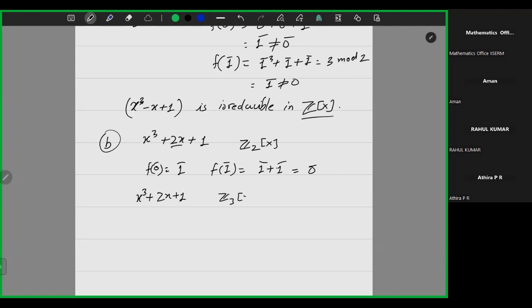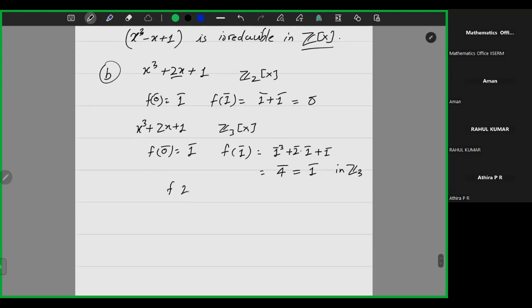This time I'm taking Z3[x]. So what about this? F of 0 is just 1 bar. F of 1 bar is 1 bar cube plus 2 bar times 1 bar plus 1 bar. This is nothing but 4 bar, which is equal to 1 bar in Z3. So it is again non-zero.